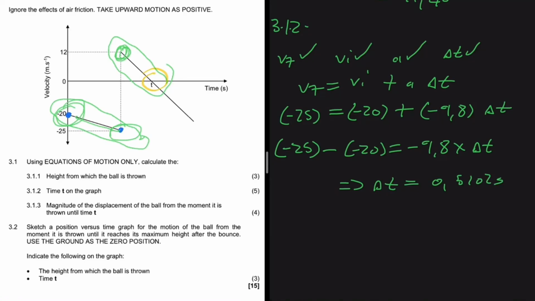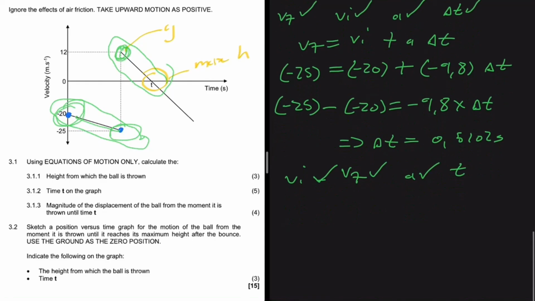And then we are done with that part of the motion. Now we need the part of the motion from the time it leaves the ground to the time it reaches its maximum height, right? So what do we have there? We have Vi for that part of the motion, and then we have Vf, right? Maximum height. We know the velocity is equal to 0, and then we have the acceleration, and we're looking for the time. So what is Vf in that instance?